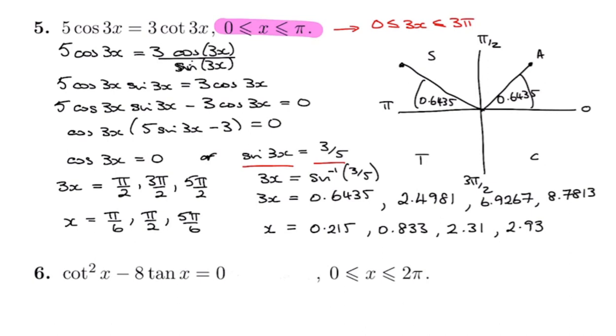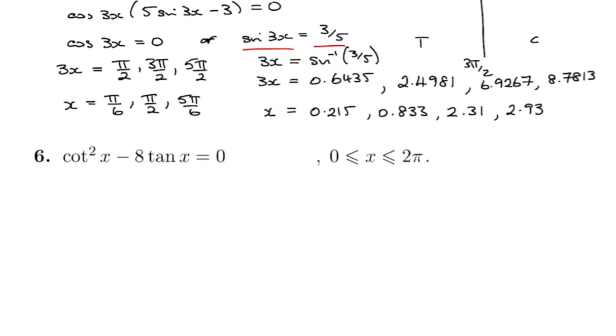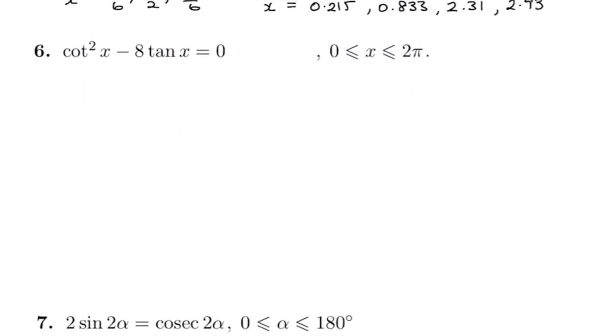Now, the next one, just be a bit careful. I think there's a misprint on your notes. It has something after the 0 that you need to just cross out. Okay, now this one, again, it's cot squared x minus 8 tan x. So remember, cot squared x is 1 over tan squared x, minus 8 tan x equals 0.